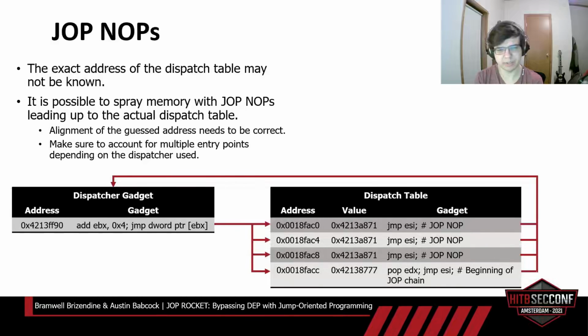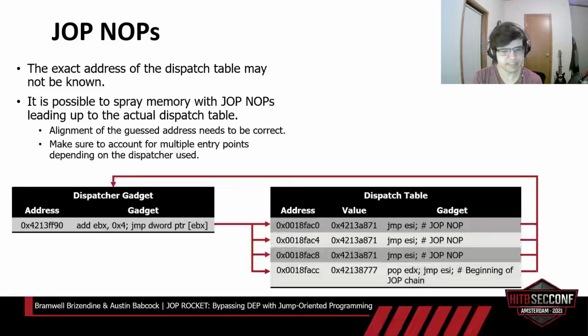So we're going to make our dispatch table very large with a bunch of JOP NOPs. However, these instructions are just an address to an instruction that's just going to jump back to the dispatcher gadget. So we're going to perform no operation with each one and just keep on jumping down the line if we guess anywhere in there until we get to our actual dispatch table.